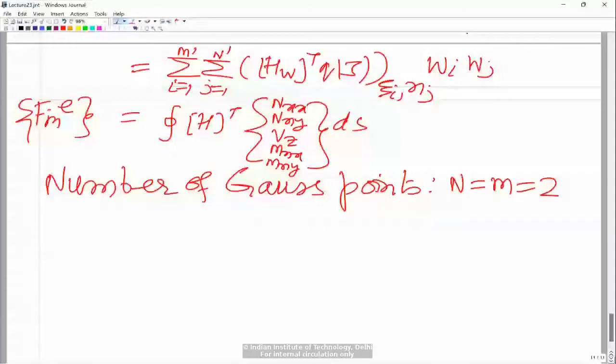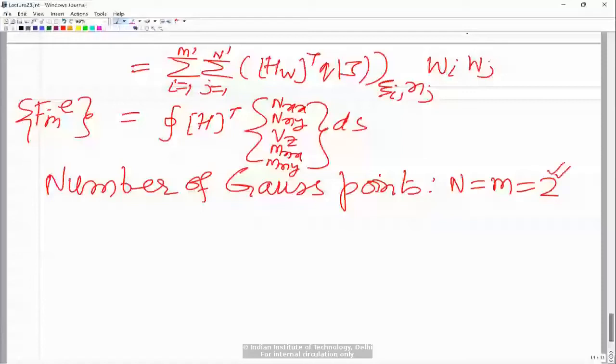The main problem comes because J would be a function of xi and eta. So the whole multiplication B transpose C bar B J would be higher than xi square and eta square, so you need a slightly higher number of Gauss points. But for slight non-rectangularity, you can actually work with n and m equal to 2.